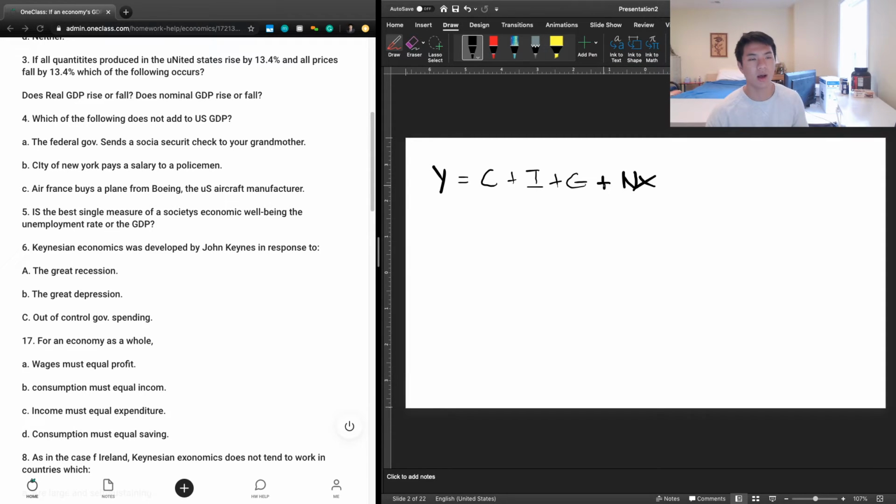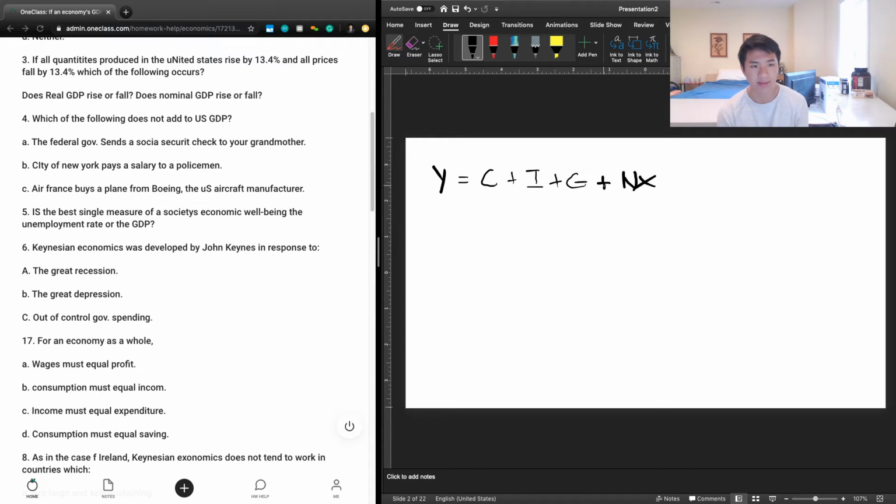And so let's take a look at the first answer choice. It says the federal government sends a social security check to your grandmother, and we take a look at our expenditure approach, and we don't find that this type of payment is falling under any of our categories. The reason for that is because GDP explicitly does not include government transfer payments to its citizens.